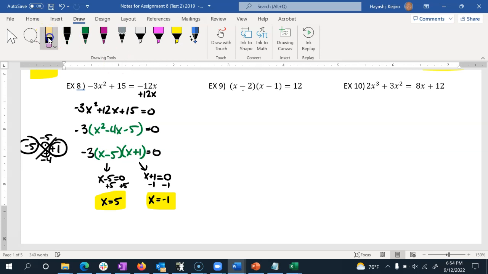And that means that, in fact, we have to FOIL, or do the box thing and get rid of this nice factored looking thing, just because it's not going to do us any good in the way that it looks right now.